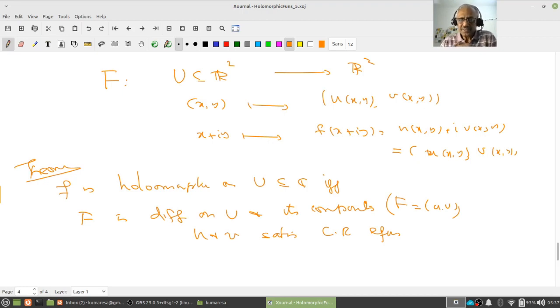Now notice the very interesting thing: you simply said u and v satisfy the Cauchy-Riemann equations, but you didn't say the partial derivatives are continuous. Now go back to the earlier one and see, again you might have seen here capital F, the components are u and v.